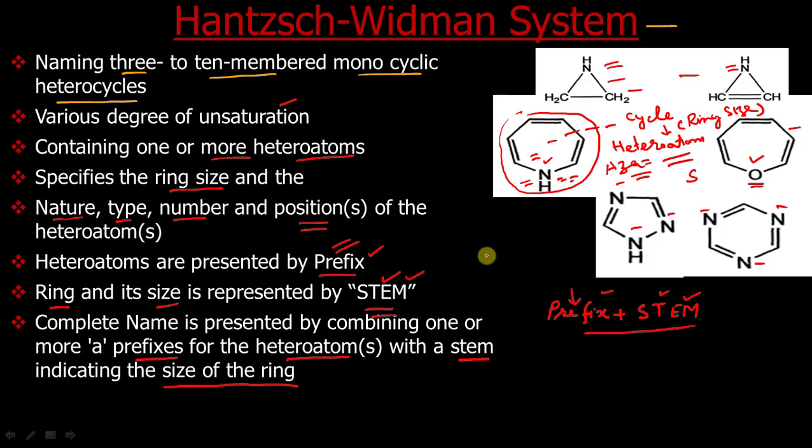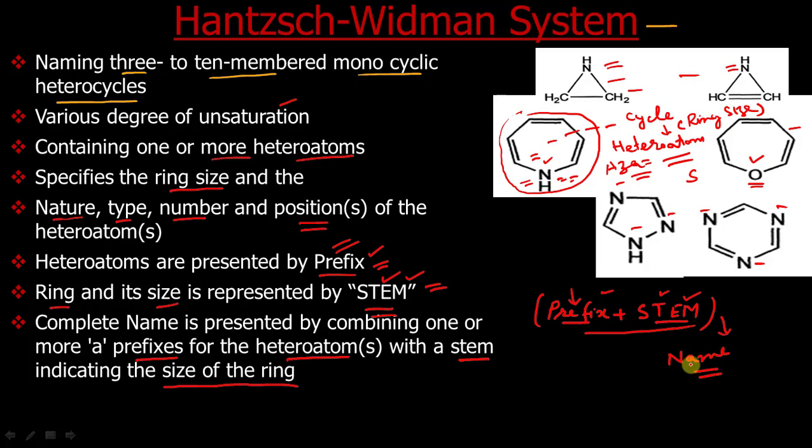To write the name of a heterocyclic compound, we need both prefix as well as stem. The name will be of this form: first prefix, then stem. There are some rules on how to combine prefix and stem, and that will give you the name of the heterocycle.